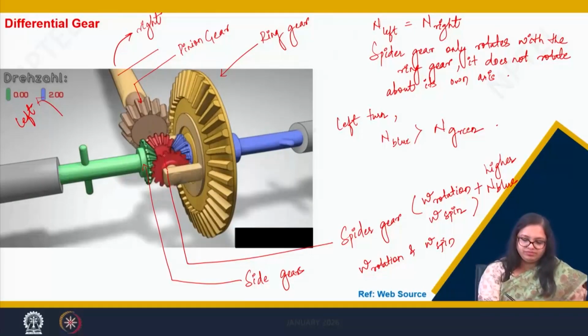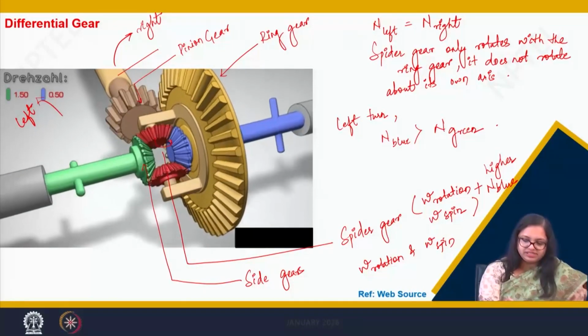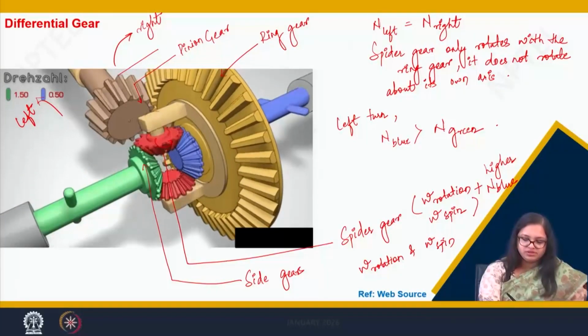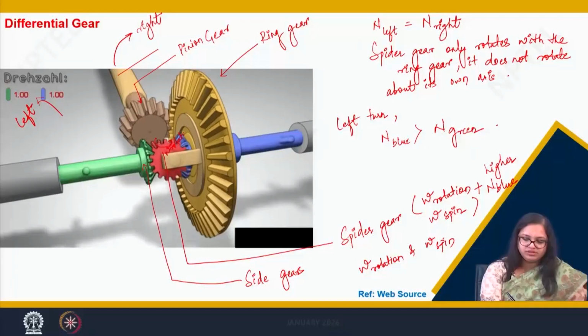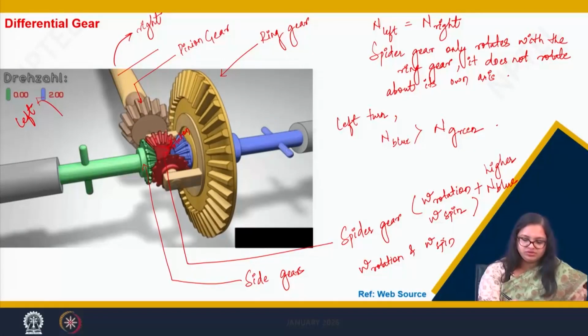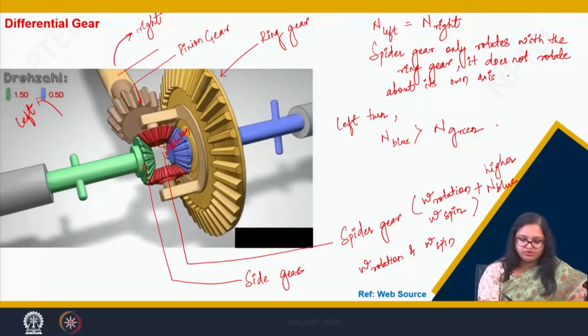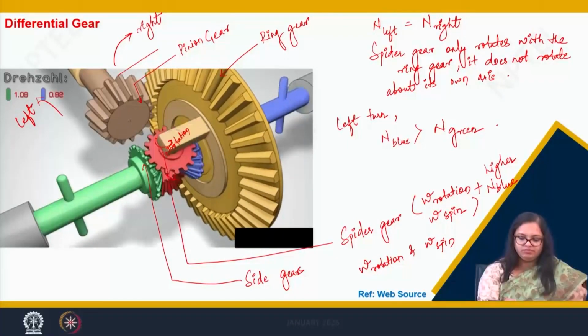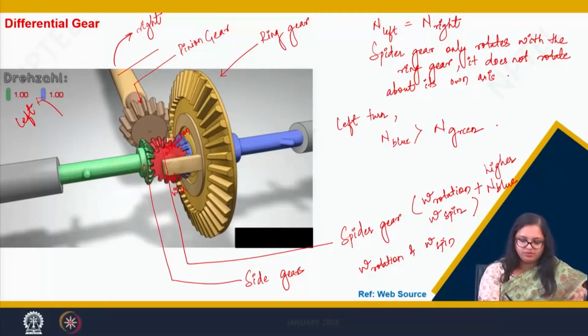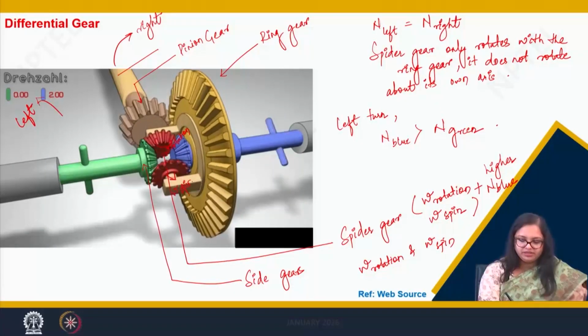Now it is rotating in this direction. This is omega rotation, and you can see there is another component which we call omega spin.